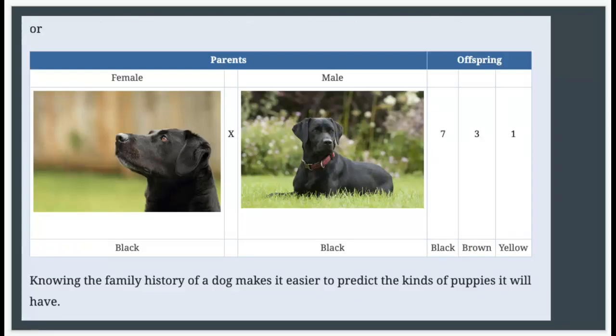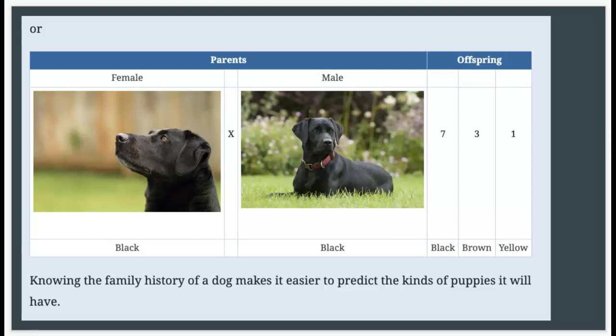Here's an example of a black lab and another black lab, male and female. Both parents are black. They end up having all 3 different colors of Labrador retrievers. They have black lab puppies, they have brown Labrador puppies or chocolate labs, and they have yellow lab puppies as well.